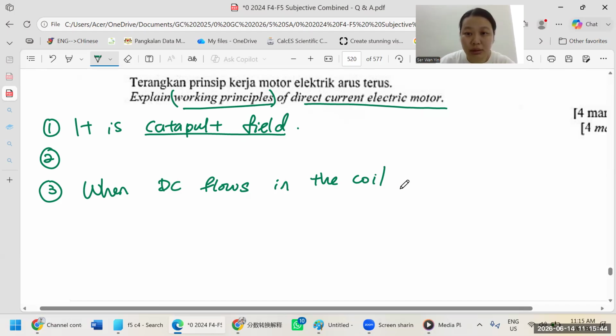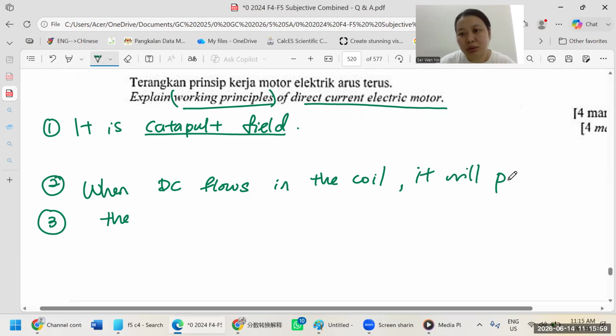Flows in the coil, comma. Or maybe this is number two first, and number three, it will produce catapult force.